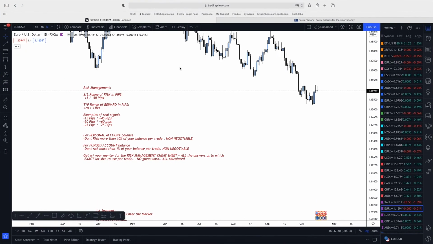Now, before we actually start our curriculum with our segments, I wanted to dive a little bit deeper into our risk management as you guys are getting closer to practicing on a demo account on your MetaTrader 4 and simulating the process as if you were trading your real capital, whether it's on your own account or on a funded account.